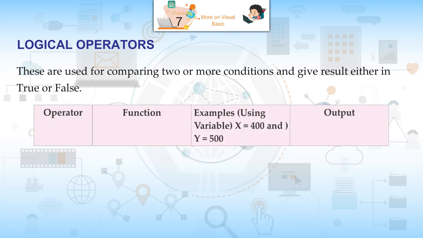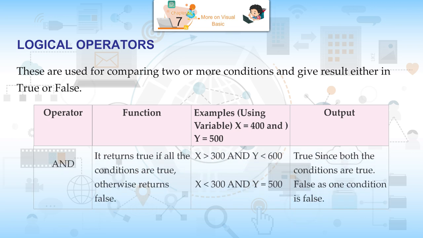Operator, function, examples using variables x equals 400 and y equals 500. Output. And. It returns true if all the conditions are true, otherwise returns false. X is greater than 300 and y is less than 600, true since both the conditions are true.